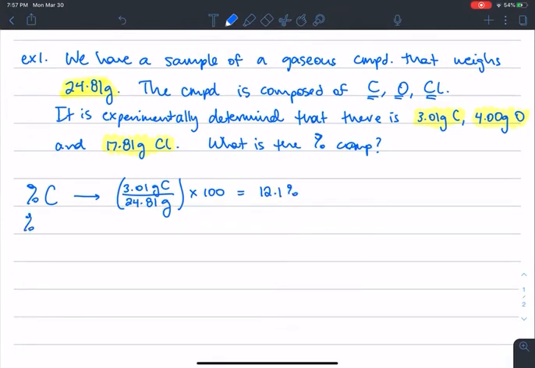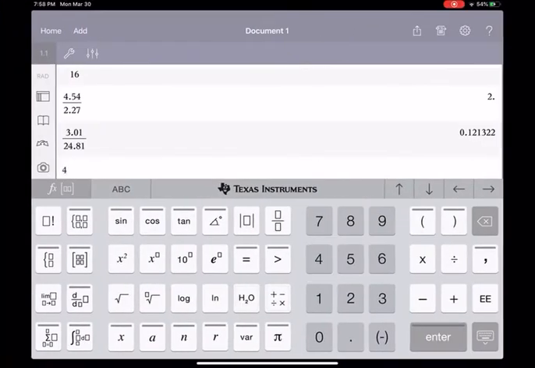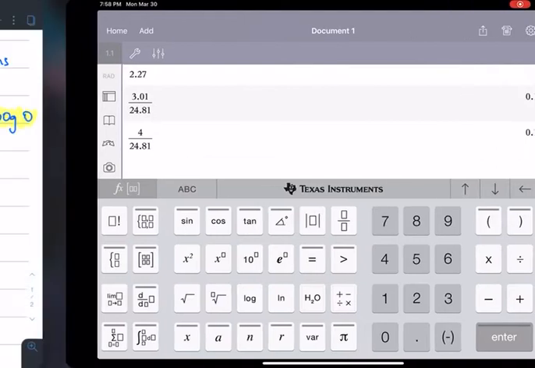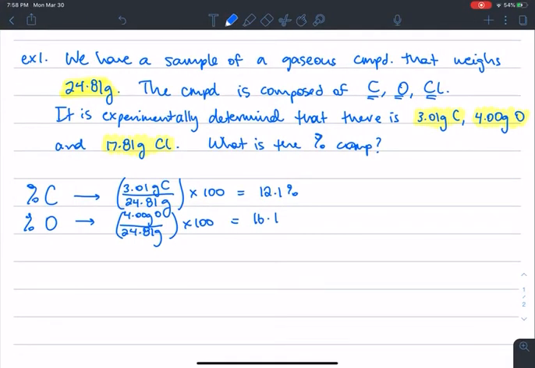We do the same process for oxygen. We have 4 grams of oxygen for every 24.81 grams of compound, times 100, which is equal to 16.1%.